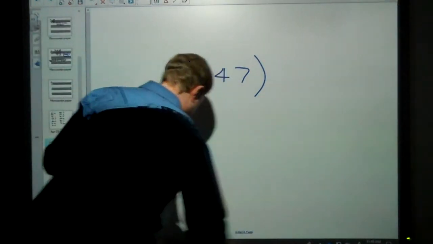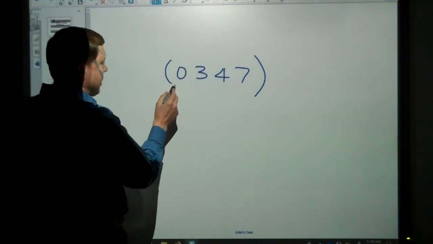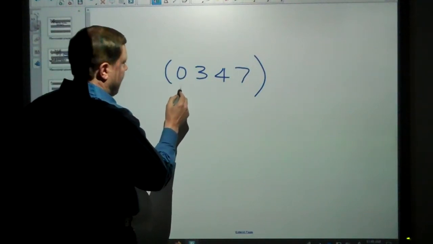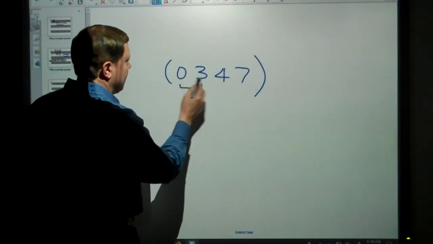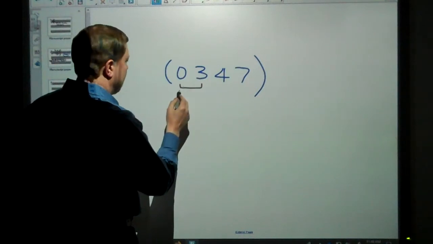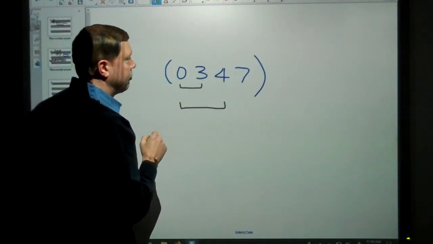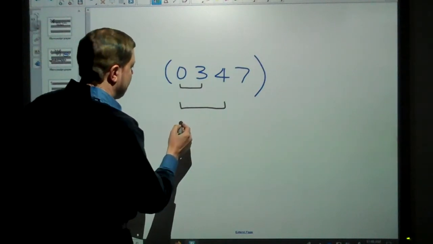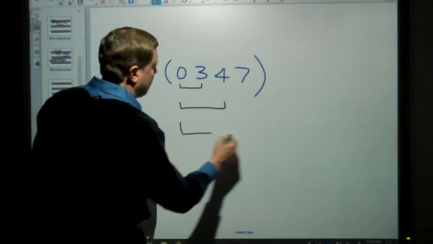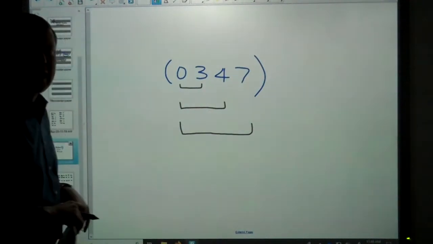I'll start from the first member of the set, and find the interval class between the first member and the second member, then between the first member and the third member, then between the first member and the last member.